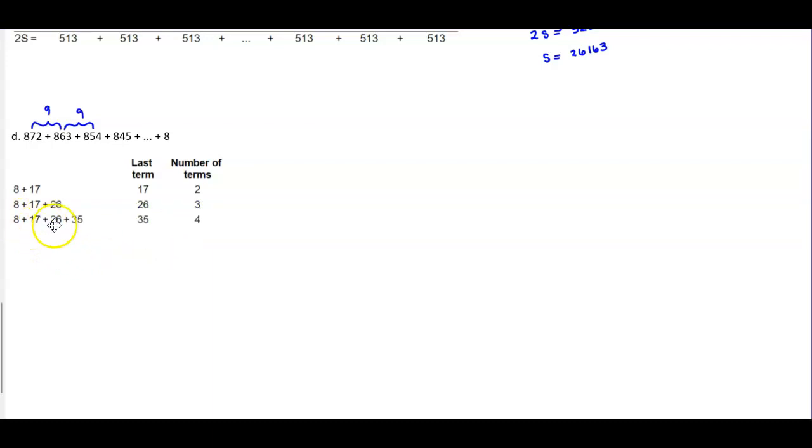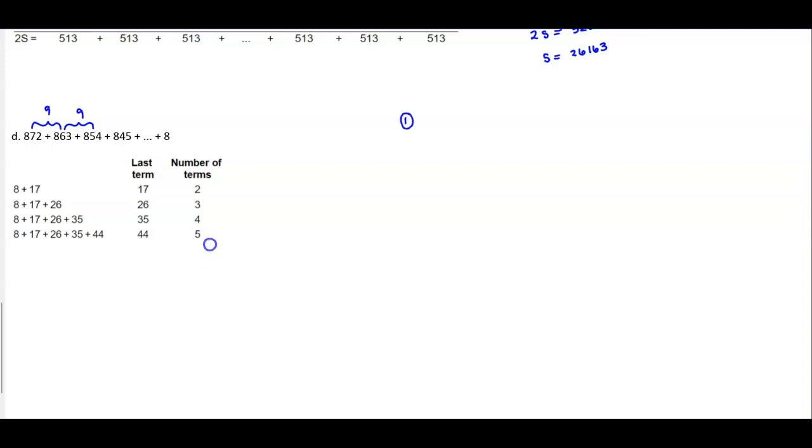Next, 8, 17, 26, 35. The last term is 35. The number of terms is 4. And then last, we can see that the last term is 44 with 5 terms. So again, notice that in each case, adding 1 to the last term is going to give us 9 times the number of terms.